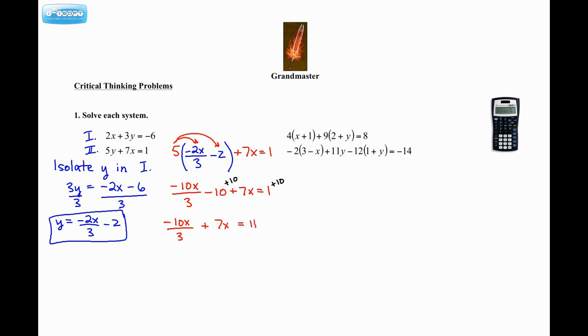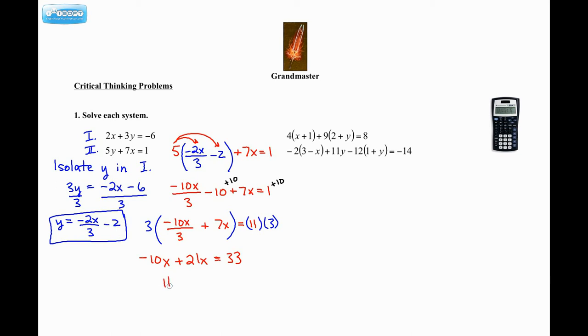So now I'm going to clear out the fraction. I'm going to multiply everything by 3, so it's easier to look at. The 3's are going to cancel when I multiply this first term, so I'm just going to get negative 10x. And from this one, I'm going to get plus 21x. And that is equal to 33. Negative 10x plus 21x, well, that's easily done in your head.